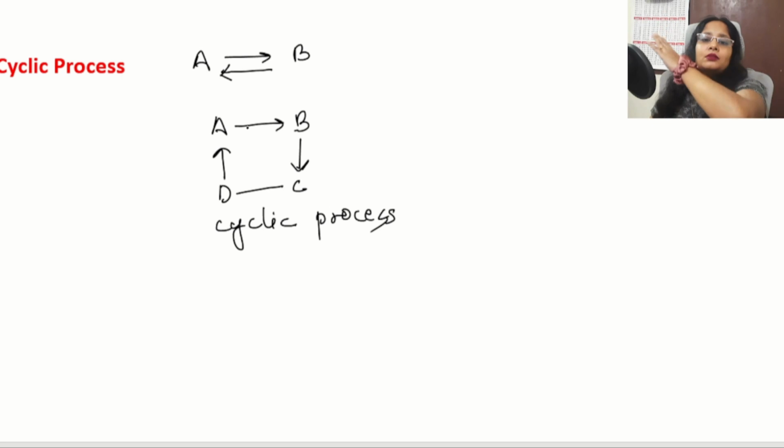Now clouds go somewhere else, then they give the rain in some other place. From that rain, water comes to the river. So the water started from the river and comes back to the river but from a different path. Now this is called cyclic process. So hope you guys understand this much. What is cyclic process? A process which comes back to the initial state by using a different path, not the same path. This is called cyclic process.